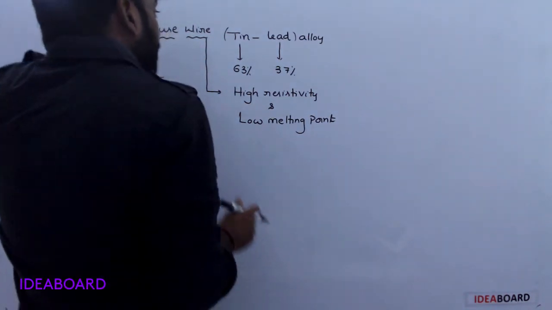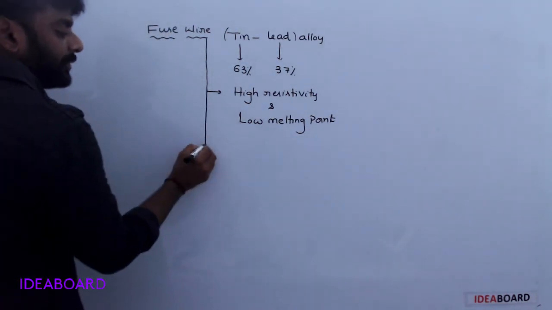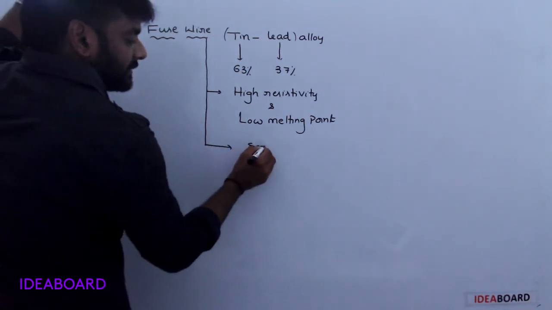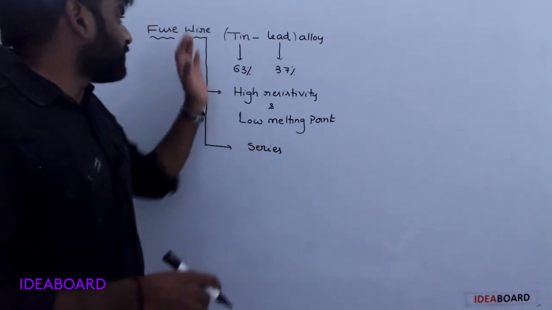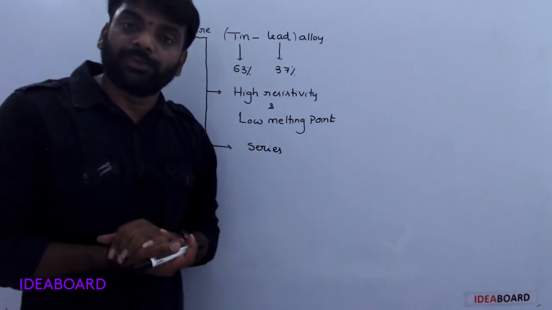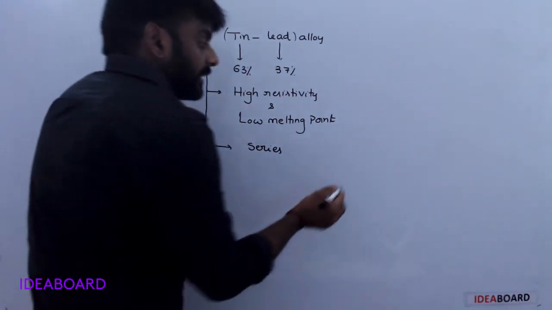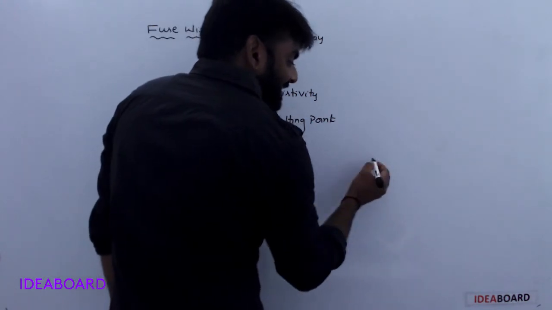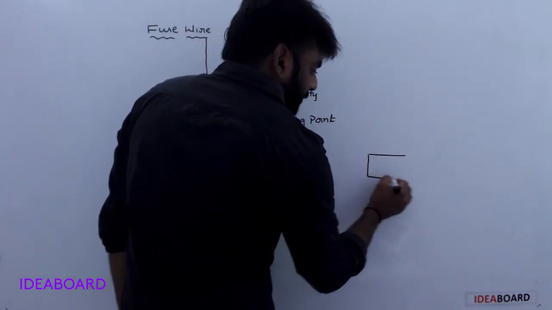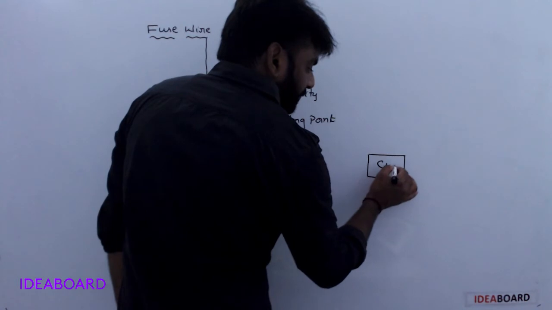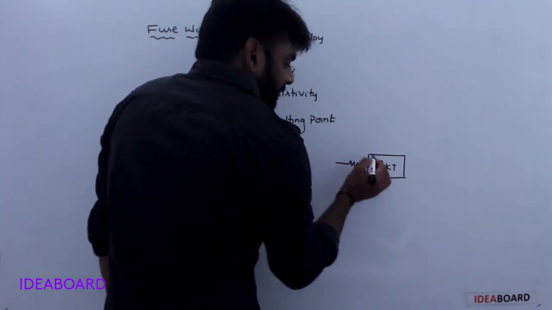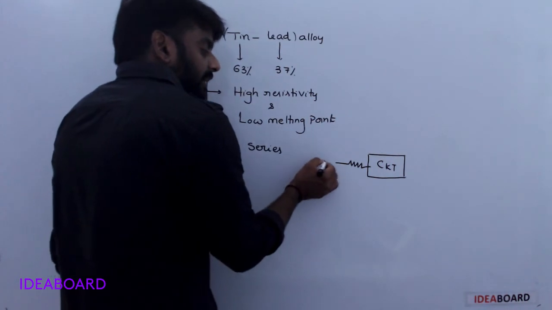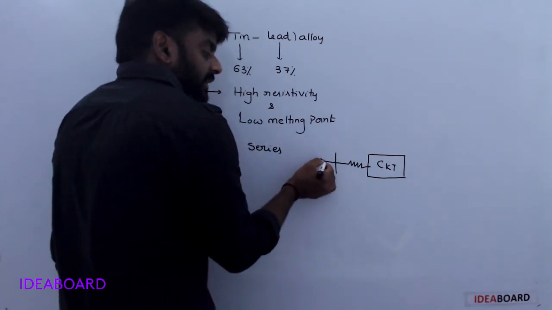Now this fuse wire is connected to the circuit in series. So what is the use of fuse wire? See here, for installations or circuit, this is a circuit. Here fuse wire is connected.